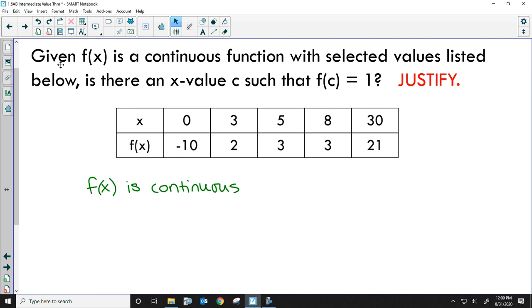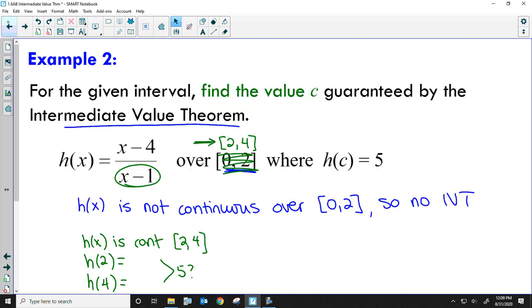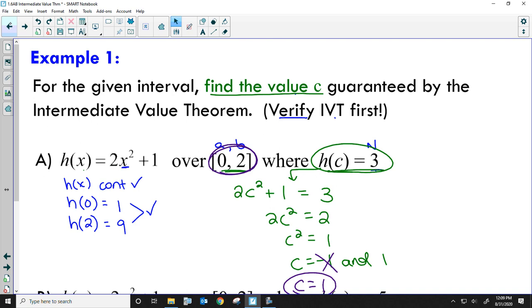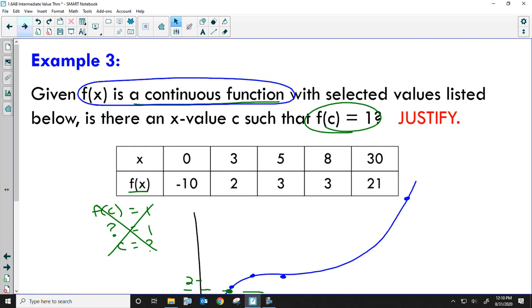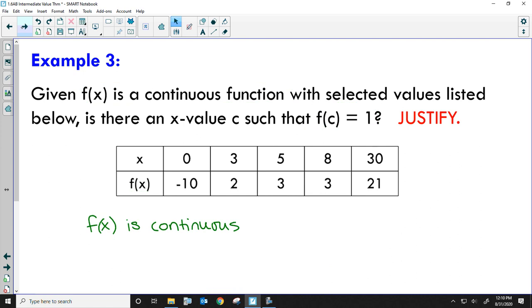So I was saying that we need to state the conditions just like we kind of did before. Like, there's that first example here in blue, but I need to do this much more formally. That was kind of like just a check for myself, but now with this big word justify, we need to make it a lot more formal.